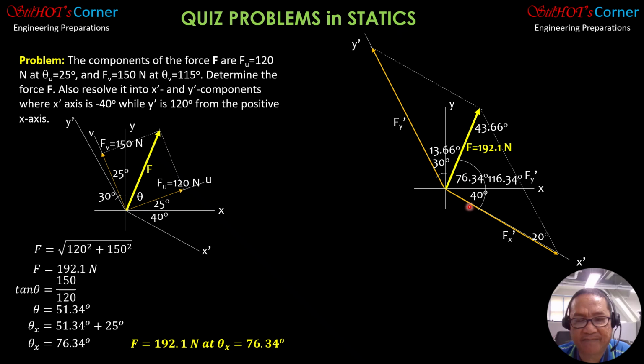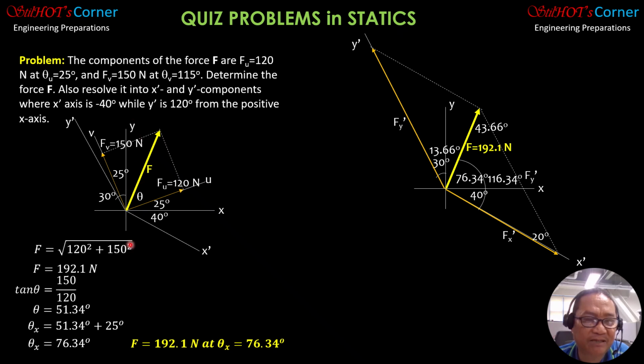Then this is Fx prime. This is parallel to the y prime axis, so this is Fy prime. Now let's solve for this angle first, the angle that F makes with the y-axis, and that is equal to 90 degrees minus 76.34 degrees, so that's 13.66 degrees. So 13.66 degrees plus 30 degrees, since the y prime axis makes an angle of 120 degrees from the positive x-axis.